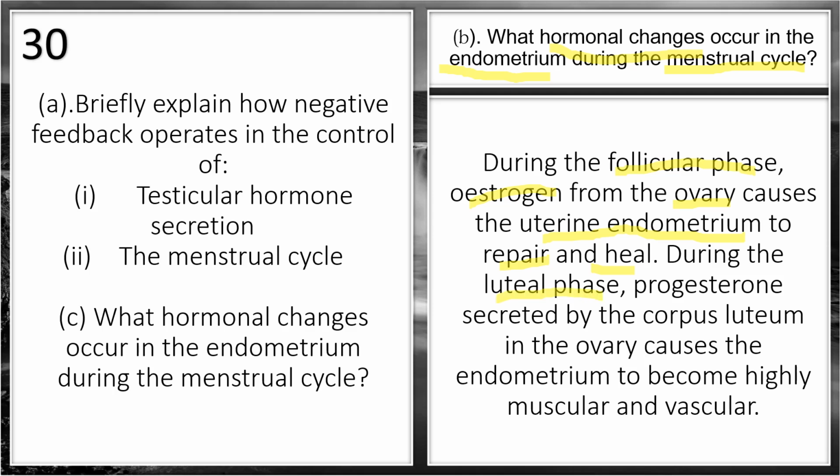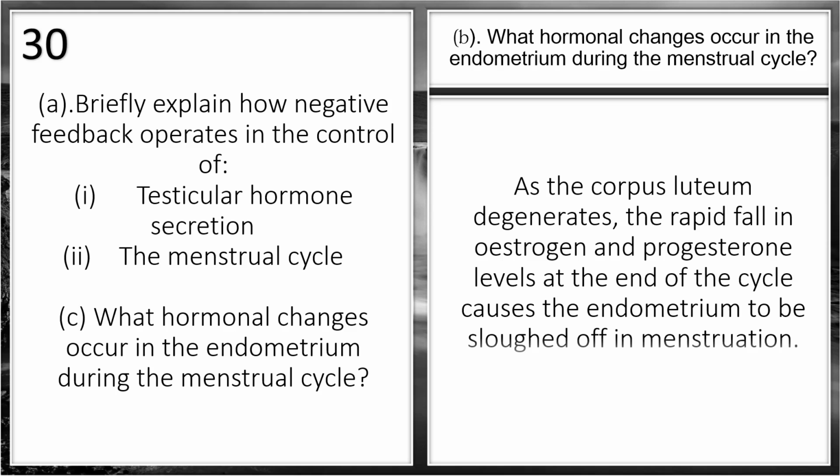During luteal phase, progesterone secreted by the corpus luteum in the ovary causes the endometrium to become highly muscular and vesicular. As the corpus luteum degenerates, rapid fall in estrogen and progesterone levels at the end of the cycle causes the endometrium to slough off in menstruation.